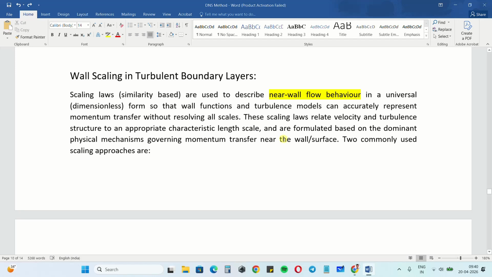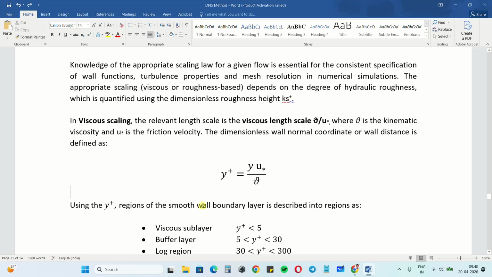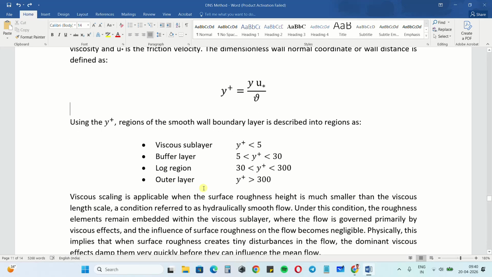So the dominant mechanism is the viscosity. In that case, we place the first cell height in the log layer by estimating the wall y plus. This wall y plus is basically derived based on similarity. Similarly, that was a situation when you have the surface roughness height to be very small and it has negligible effect.